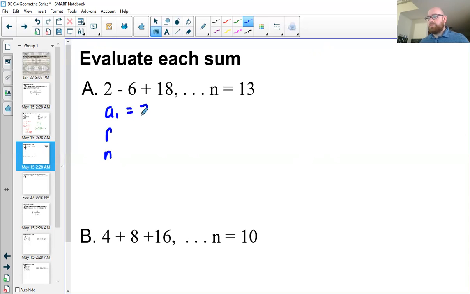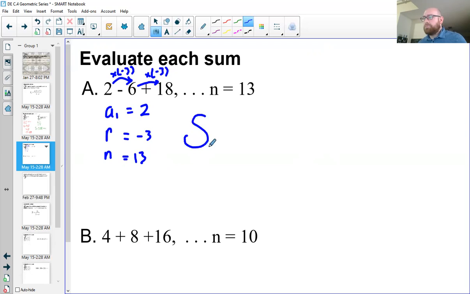Our first term is 2. To go from 2 to -6, we multiply by -3. To go from -6 to +18, we multiply by -3. So a common ratio is -3, and n is equal to 13.